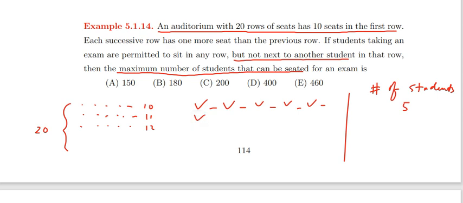Here we have an odd number of seats, so the last one we can sit. So this one actually we have 6. Like here we have 10, right? Yeah, 10, then one more. So 10 seats, 5 students, that plus 1.